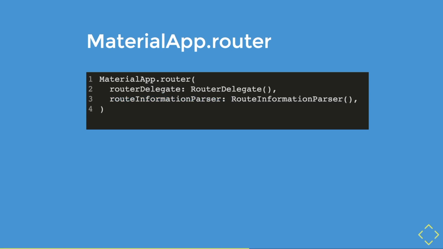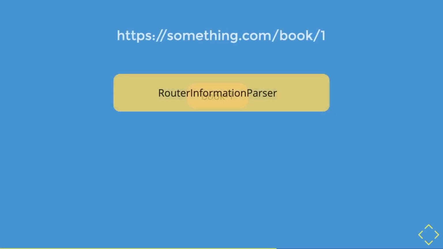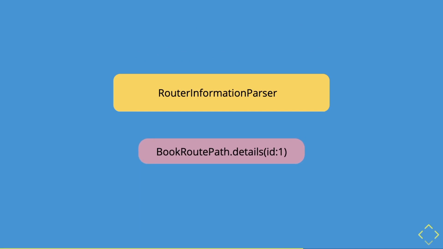Well, here is a simplified example of how everything works. If you were to type in the URL inside your web browser, for example, something.com/book/1, then it will pass through the router information parser. This router information parser will convert this URL into user-defined data.